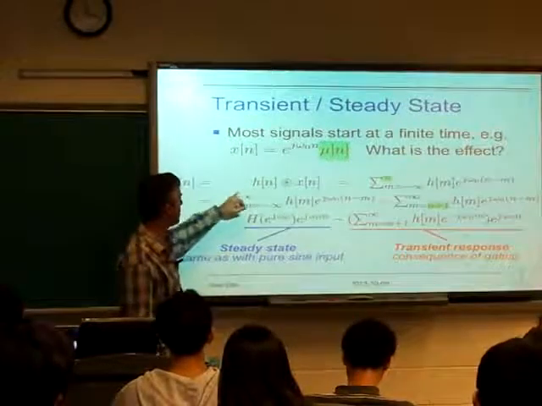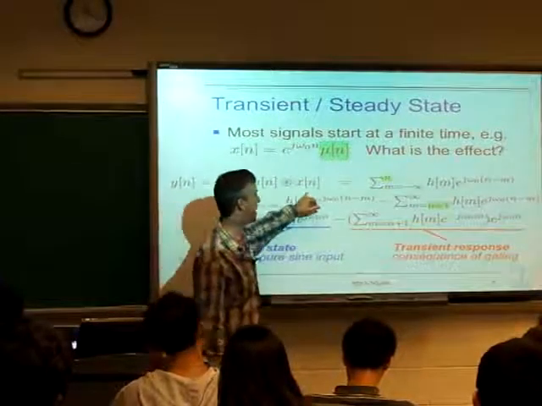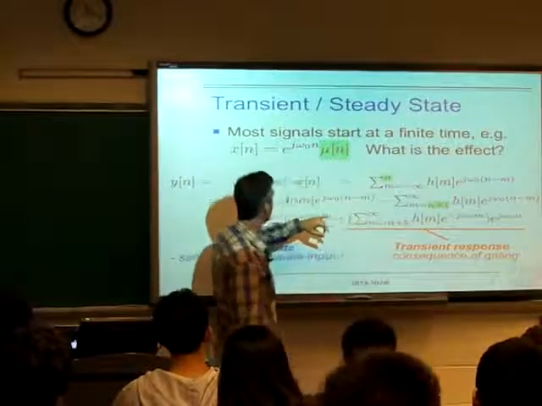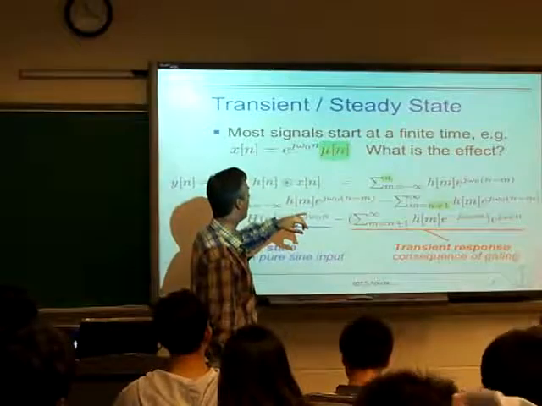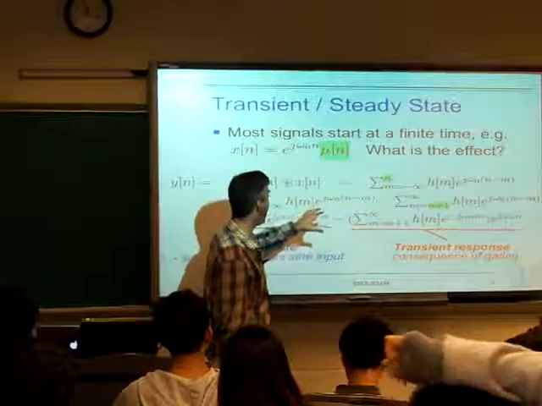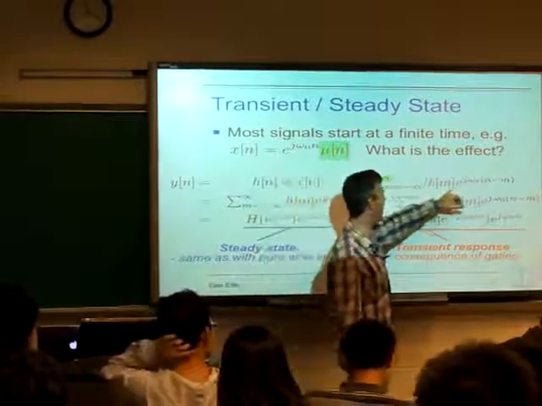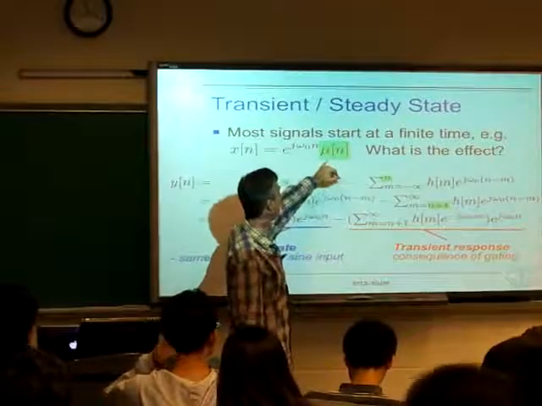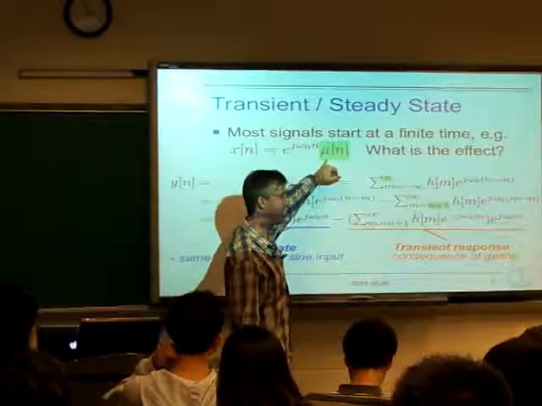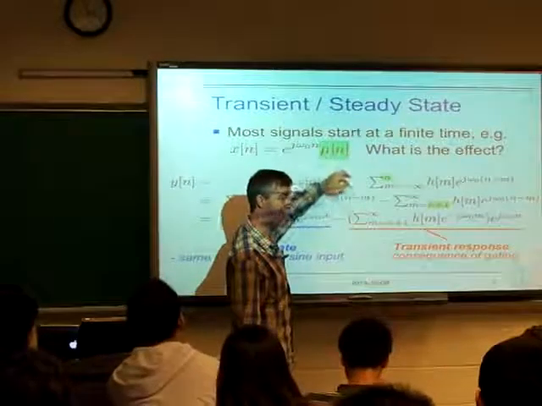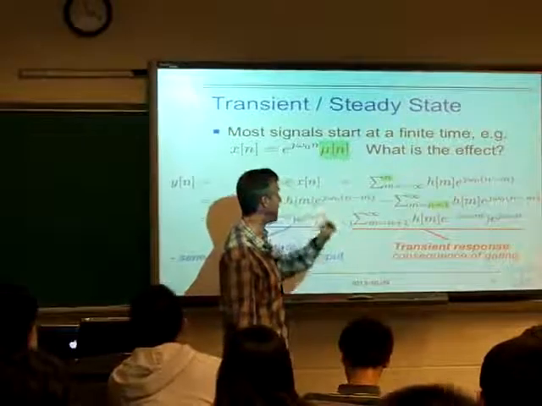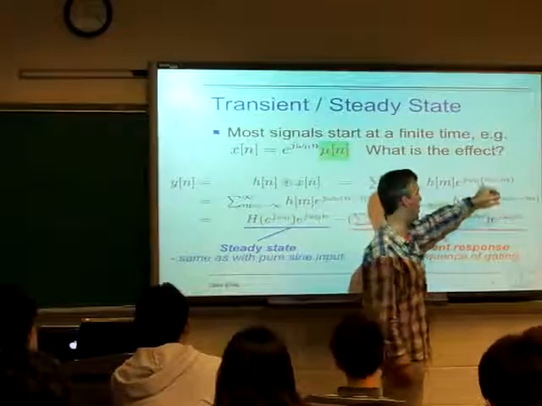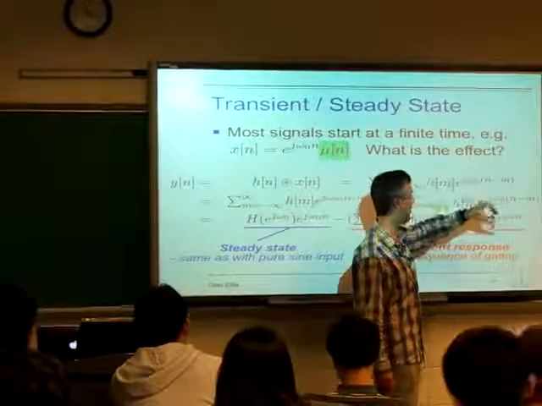So again, y of n is equal to h convolved with x, which is a sum over all m, say, of h of m times x of n minus m. Well, if we know that x involves mu of n, then we know that x of n minus m is going to be 0 for m larger than n, because that's when we'll get mu of some negative number coming in.